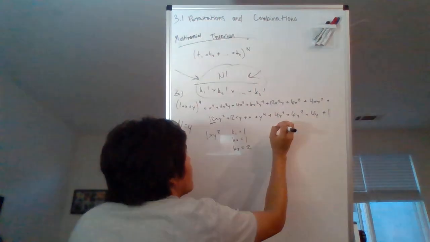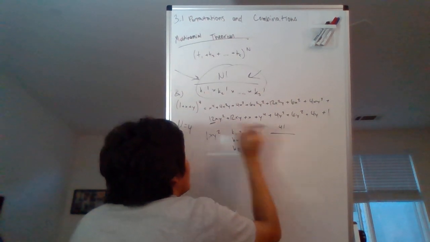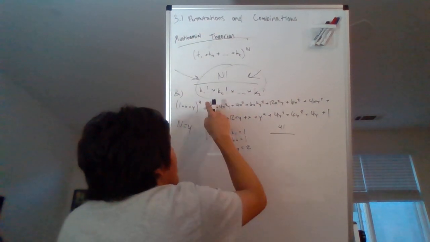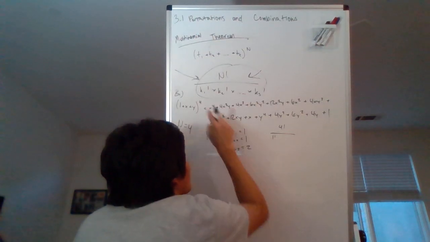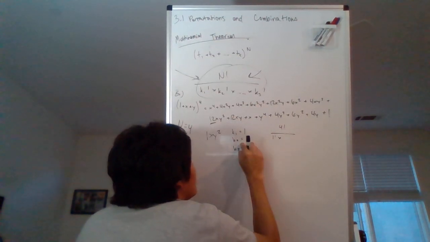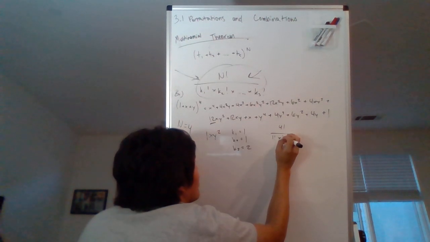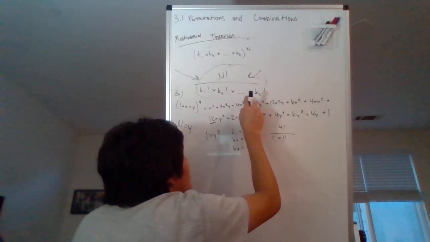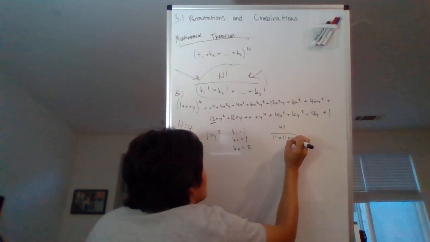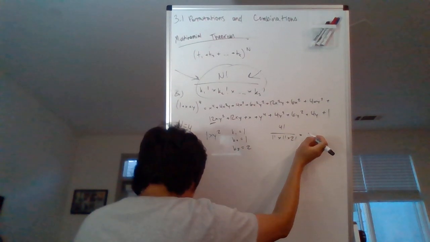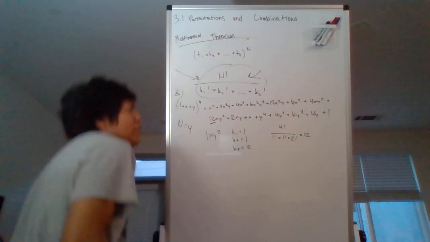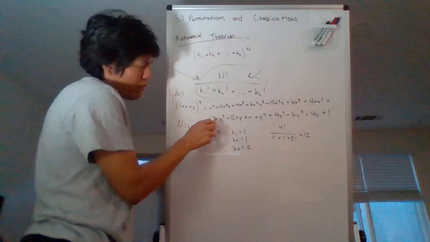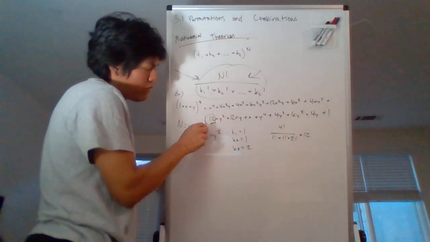So again, we have 4 factorial, n is equal to 4, over 1 factorial, k1 is equal to 1, times k2 is equal to 1, so another 1 factorial, k3 is equal to 2, so times 2 factorial, and that is equal to 12. And look, that is exactly what the coefficient is in front of the xy squared.